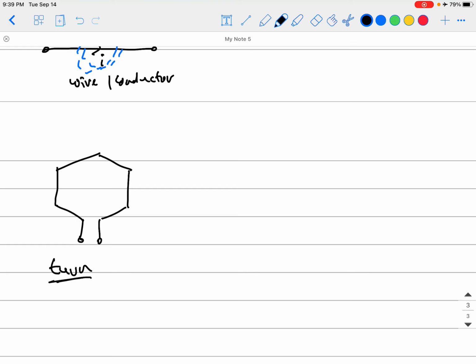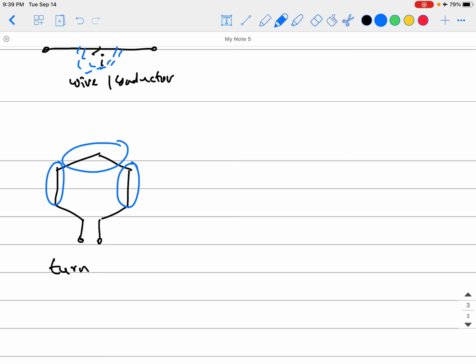Okay, so this is considered actually as two wires, because you will have different wires here. So this is a wire, and this is a wire, and this is a wire. Actually, they're all just one wire we turned around to make it a turn. But in theory, you look at it as three wires like this.